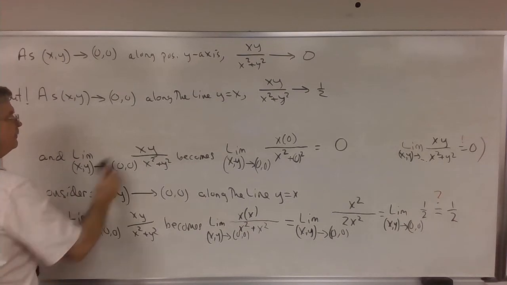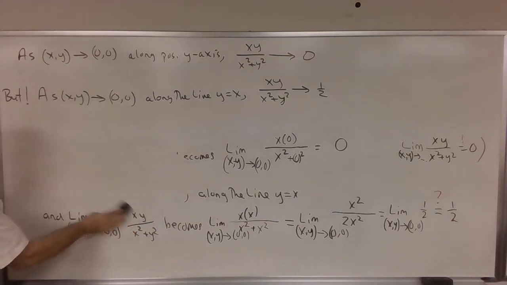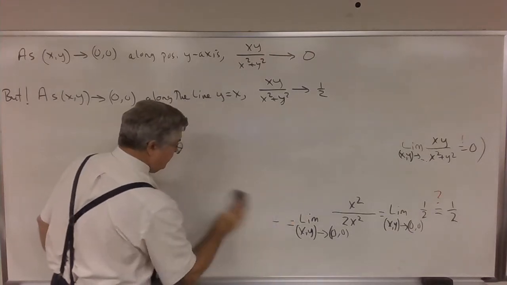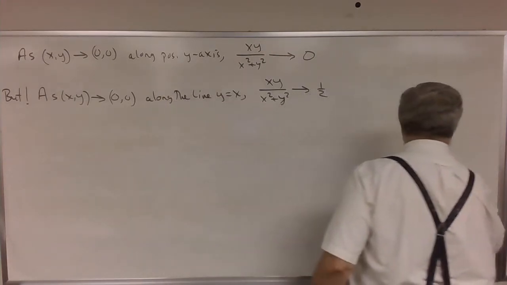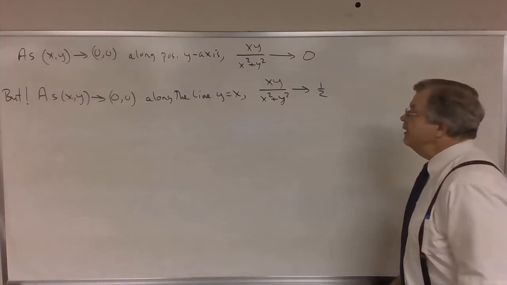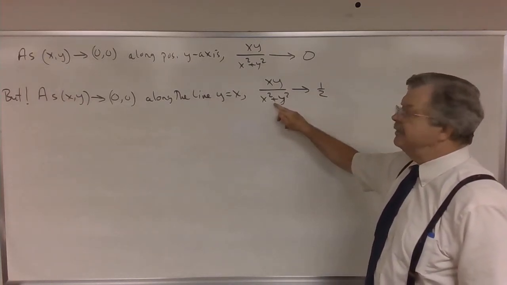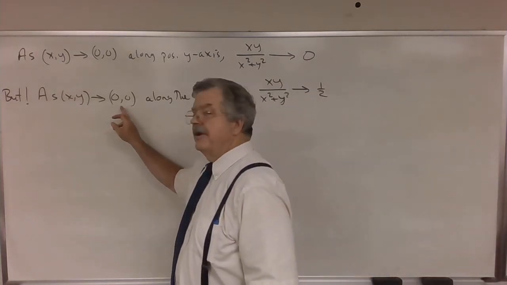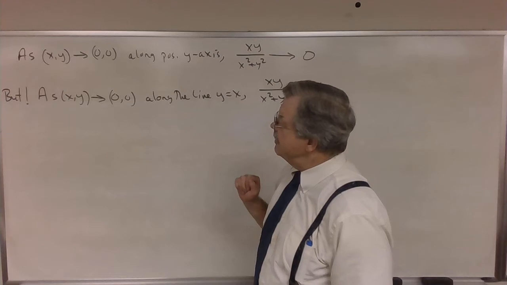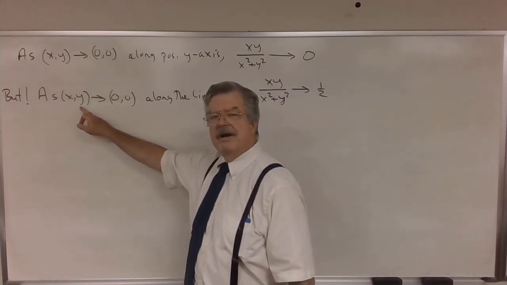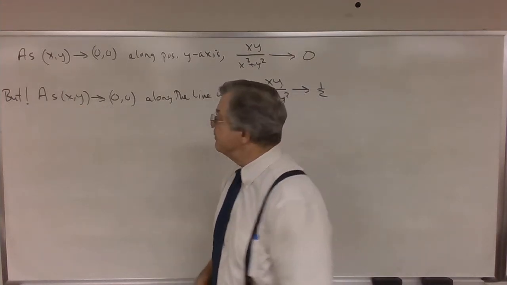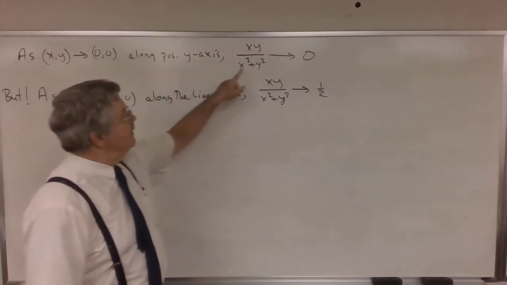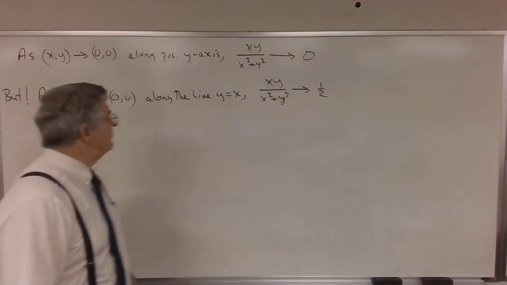So in other words, the value that our function approaches as xy goes to the origin depends on the path that xy follows getting to the origin. If xy goes to the origin along this path, our function approaches 0.